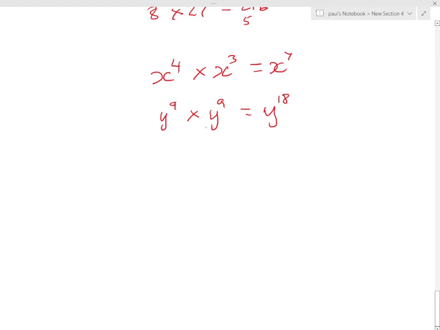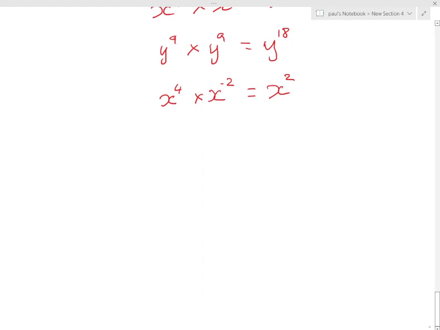Right, now, what happens if we've got a negative number, x to the 4 times x to the minus 2? You still add these numbers together, but by adding, you're really doing 4 take away 2. So that will be x to the 2. Good. That's how you multiply.